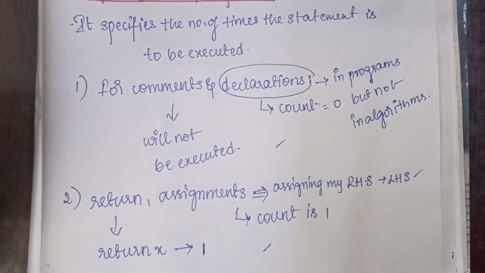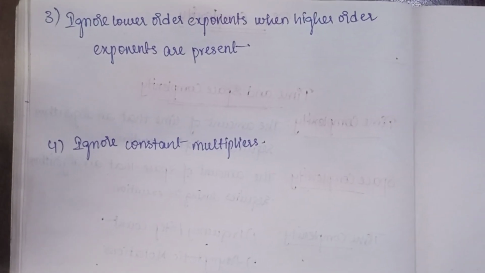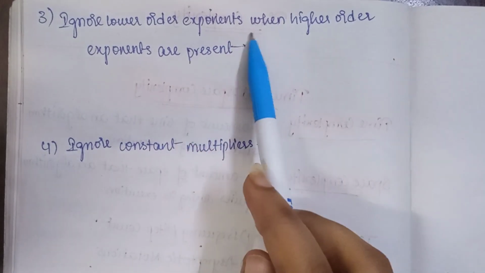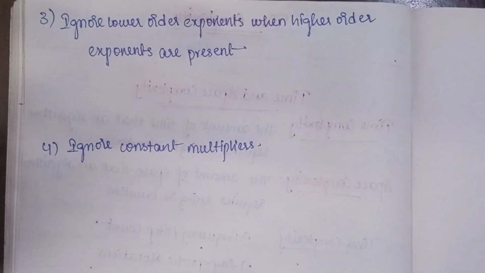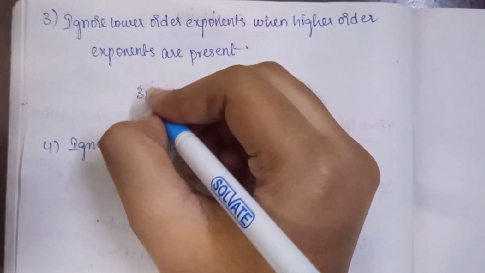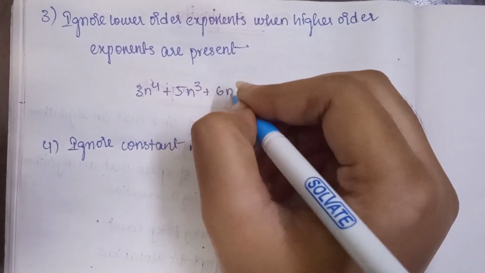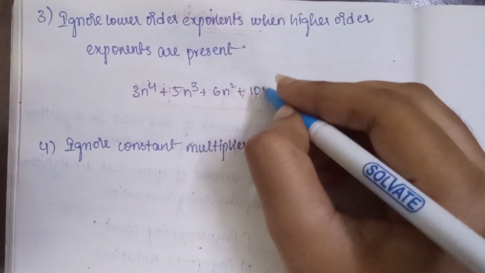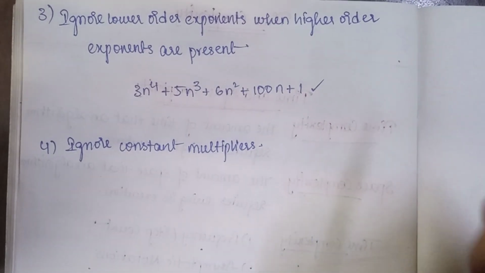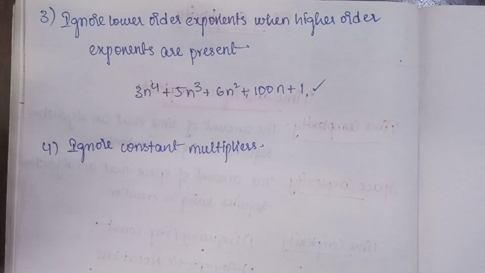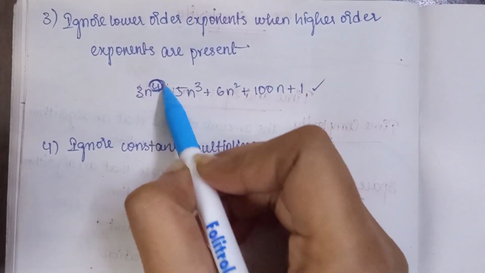So let's look into the third and fourth rules also. The third rule is: ignore lower order exponents when higher order exponents are present. For example, if I have 3n power 4 plus 5n cube plus 6n square plus 100n plus 1, suppose this is my expression. What is meant by higher order exponents? The term whose exponent has the higher degree.